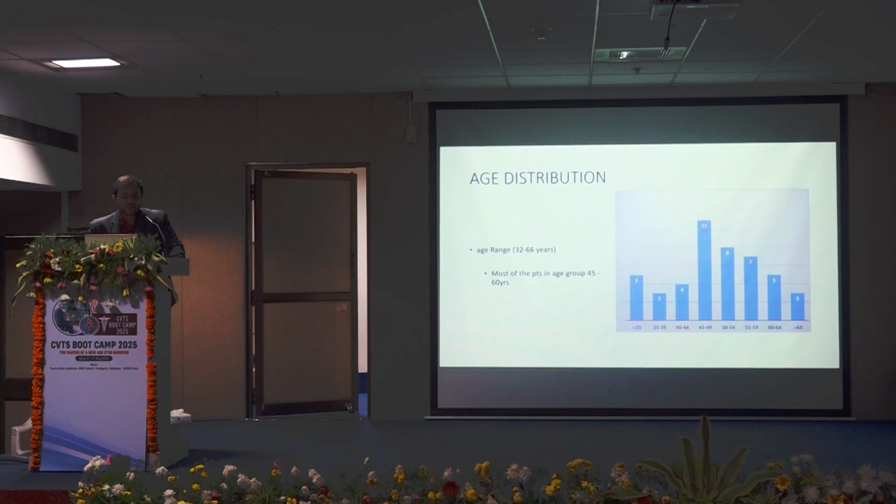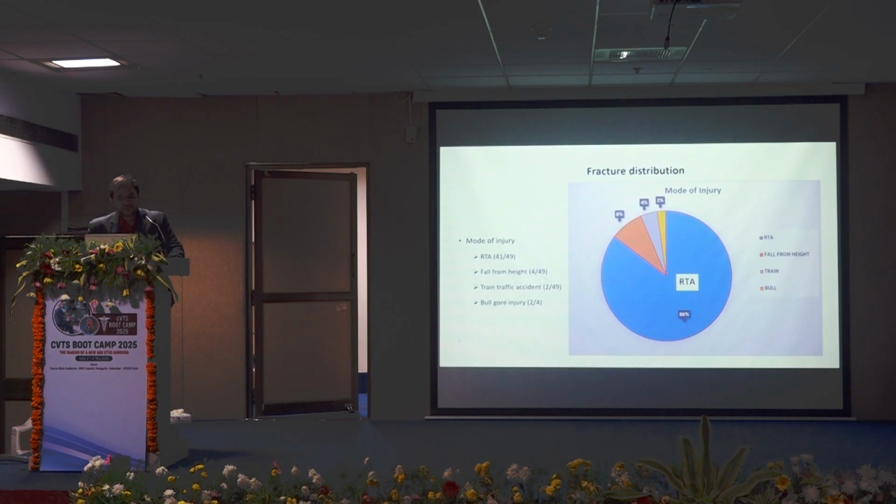Most of the chest trauma patients we saw were in the 45 to 60 age group. The modes of injury, as I explained before, are RTA, fall from height and assaults, RTA being the most common. Even in our study, among 49 cases, 41 were RTA.